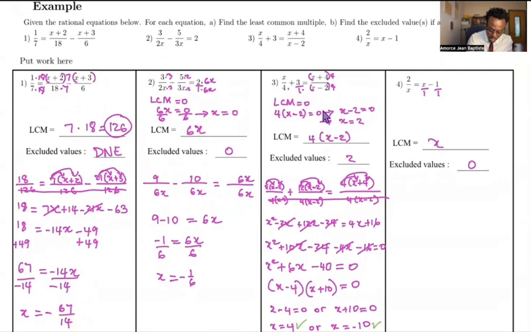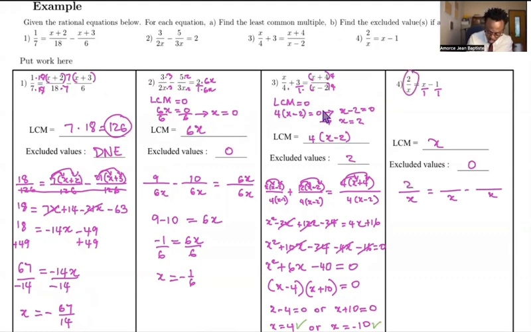Now let's go ahead and rewrite the equation with a common denominator. X is the least common denominator we have. It's already 2 over x. We don't have to change it.